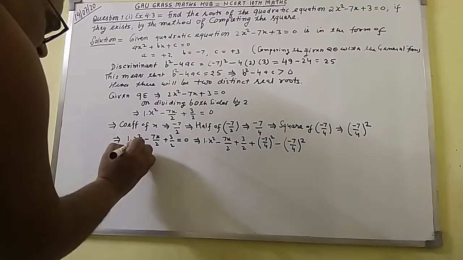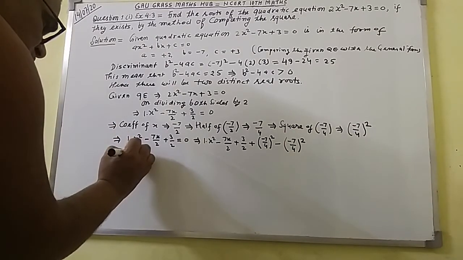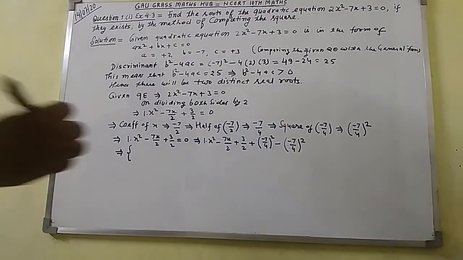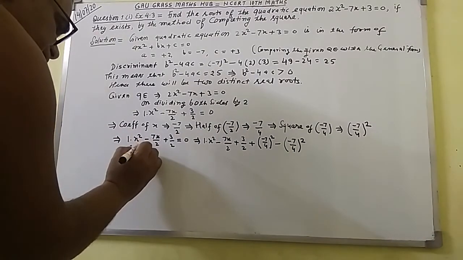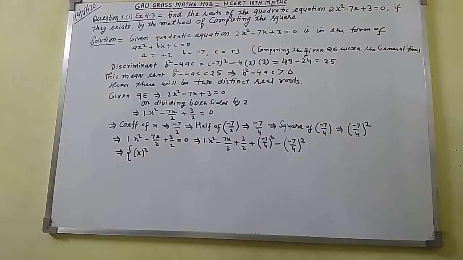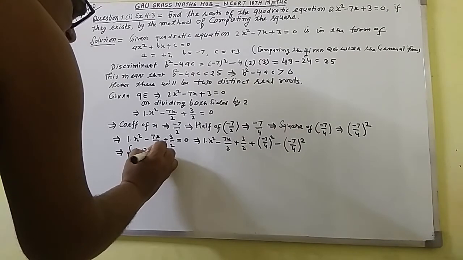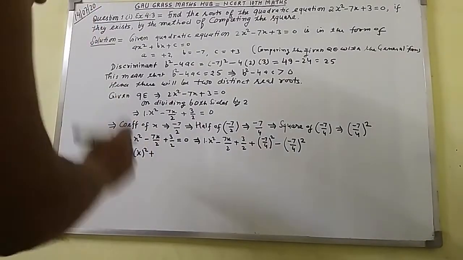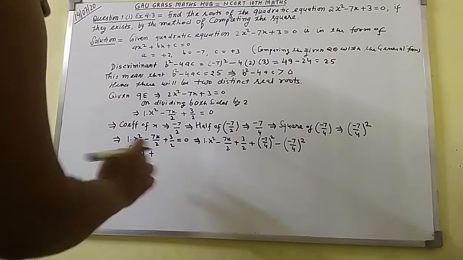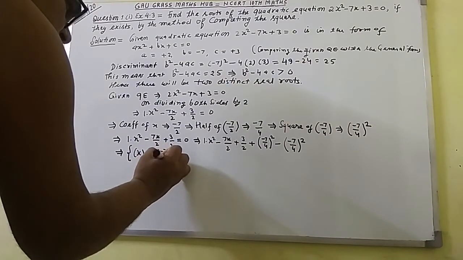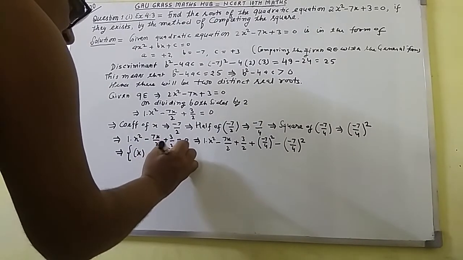So what to do here? Make a curly bracket here. The curly bracket will be open here. Here you can write x square plus, don't write this one, here you can write minus 7 over 4, bracket close, curly bracket close.